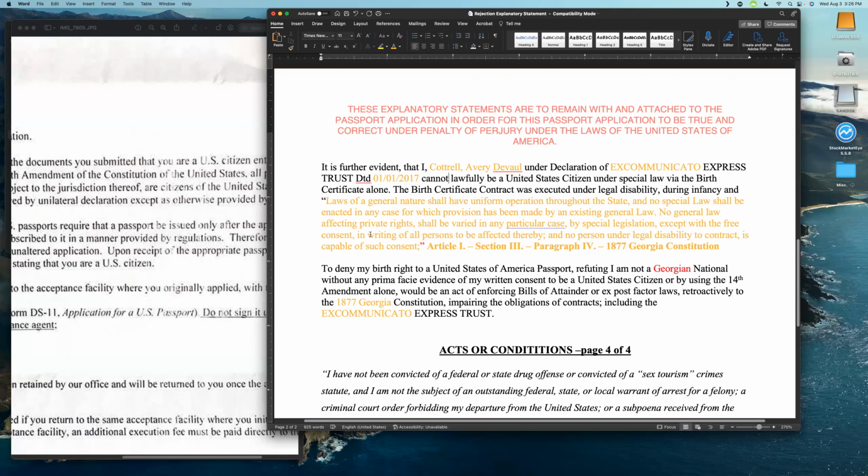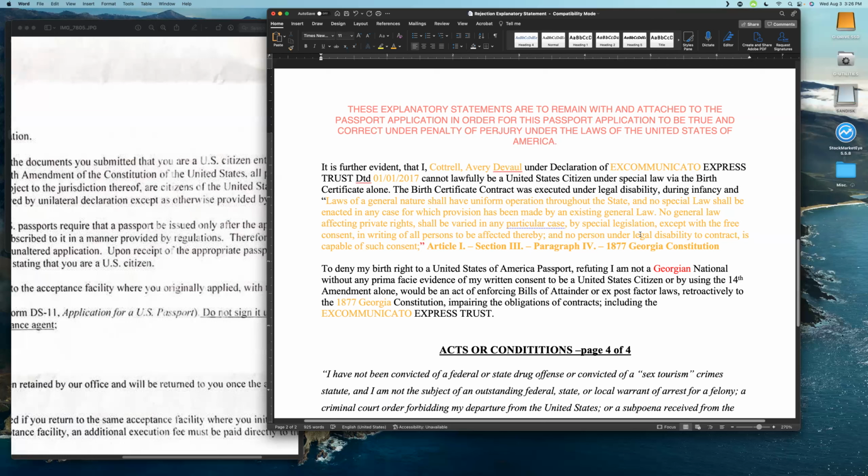No general law affecting private rights shall be varied in any particular case by special legislation, except with the free consent in writing of all persons to be affected thereby, and no person under legal disability to contract is capable of such consent. Legal disability is someone that is a minor or an infant, and they're legally incompetent, and they cannot make decisions of their own.